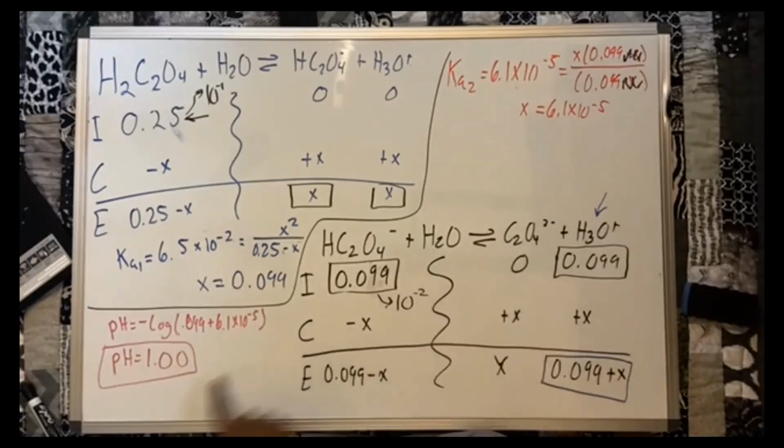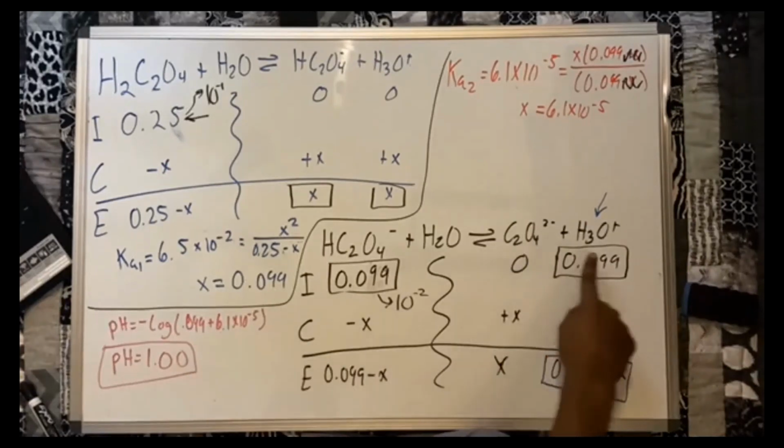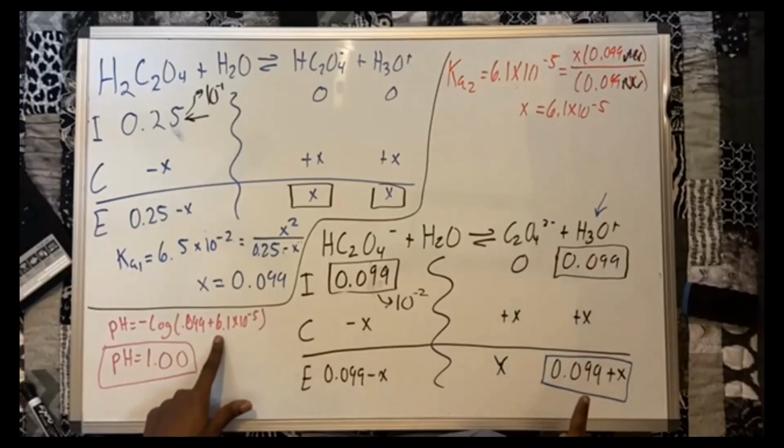You plugged it in for the conjugate acid because I'm looking for pH, right? So I just need the H3O plus concentration.